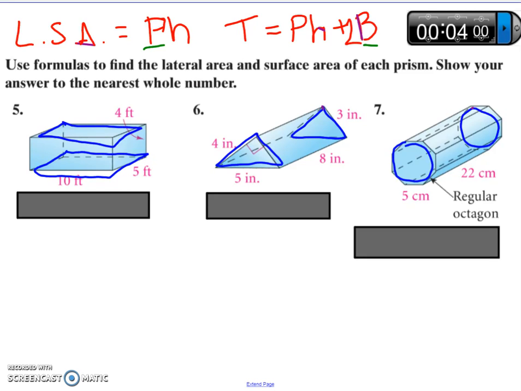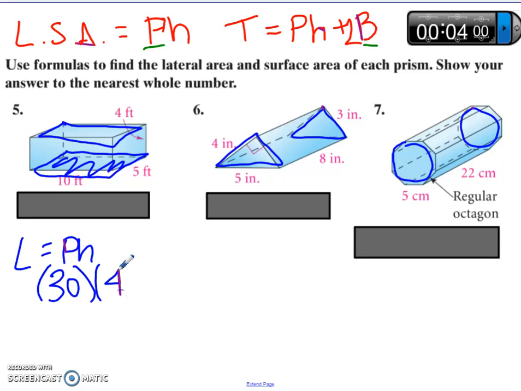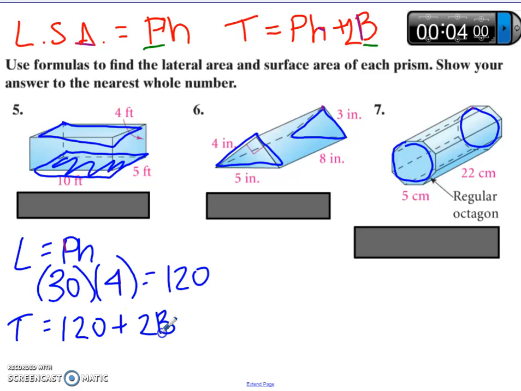So first, for lateral, big PH, the perimeter of the base, if I'm using the bottom part right here, the perimeter of the base would be 10 plus 5 plus 10 plus 5. So 30 times the height would be 4, which equals 120. And then for the total, all we're going to add is 120 plus 2B.